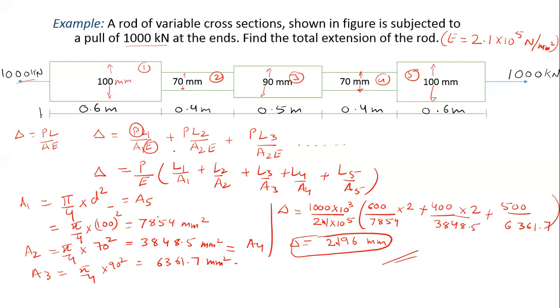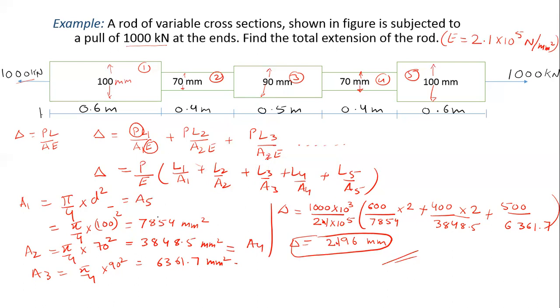First of all, we saw that there is no additional force acting, so P will be constant throughout the sections. So delta has been calculated as PL1 upon A1 plus PL2 upon A2 plus PL3 upon A3 and so on.